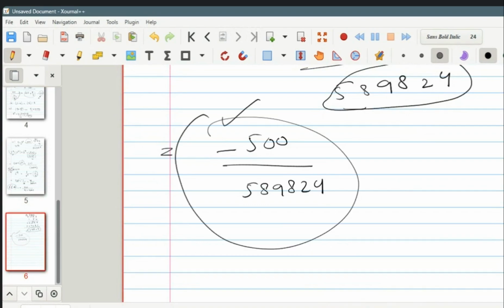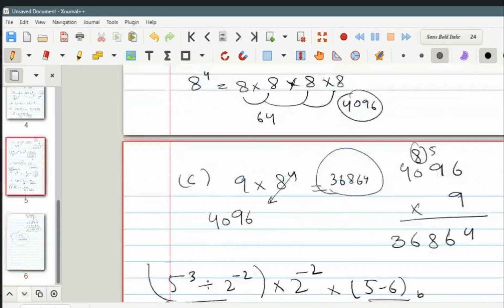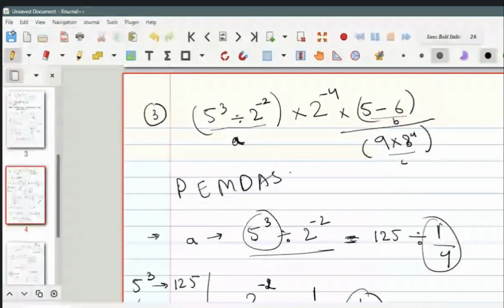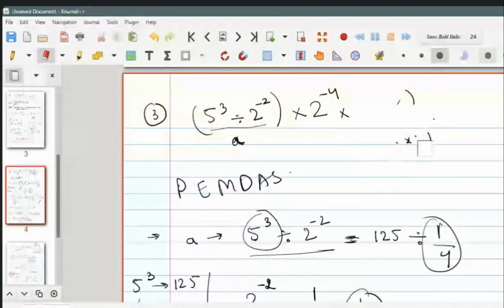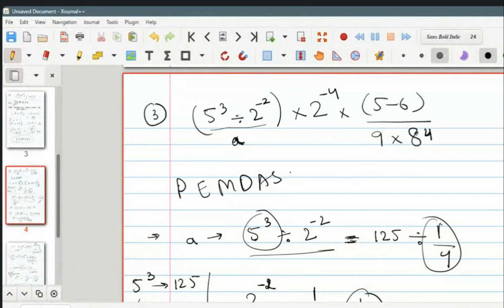Okay, and what we have done actually is a very long process. We have simplified this equation. Let me write it here again in a clear form. We have the expression like this, and we simplified it into a very good, beautiful form. This was 8 to the power 4.